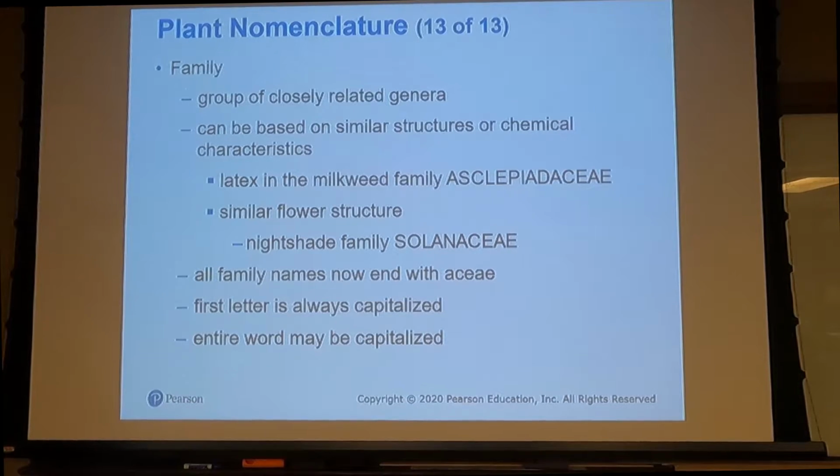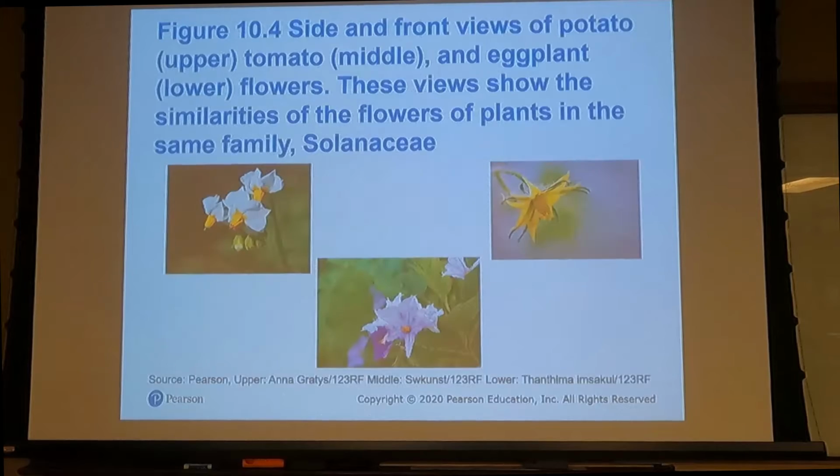So like latex in the milkweed family is the chemical. We might have a similar flower structure, such as the nightshade family. All families will end with ACEAE. The first letter is always capitalized, and you might see this where all the letters of that word are capitalized.